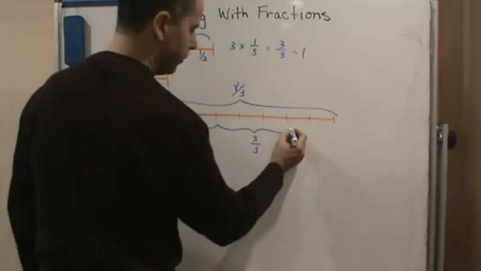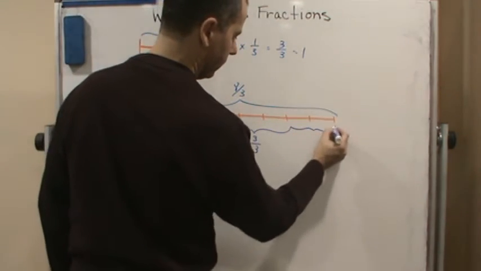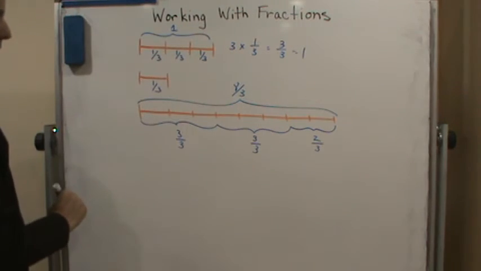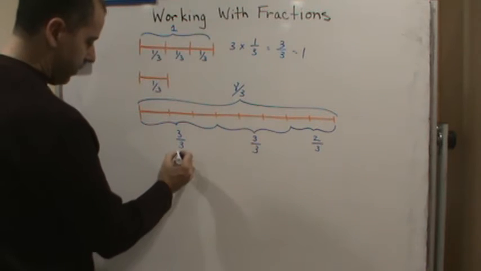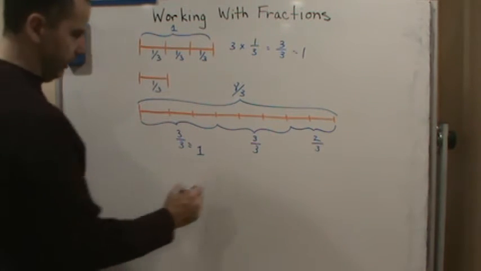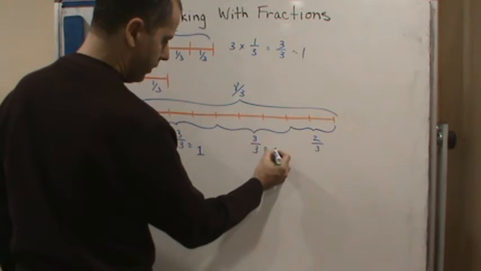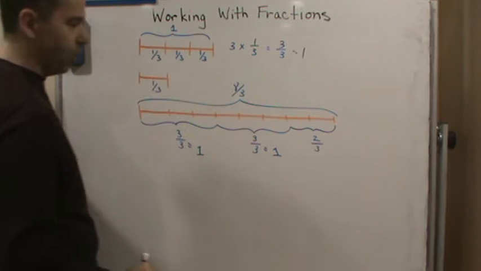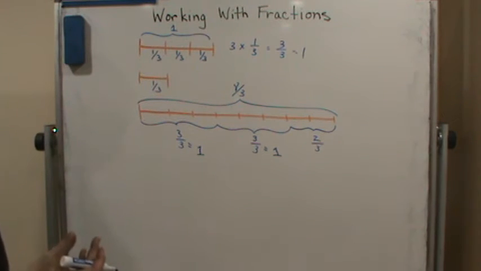And then what do I have left over? 2/3. Now, 3/3 equals 1 here. This 3/3 also equals 1. And then I have this 2/3 left over, which is a proper fraction.